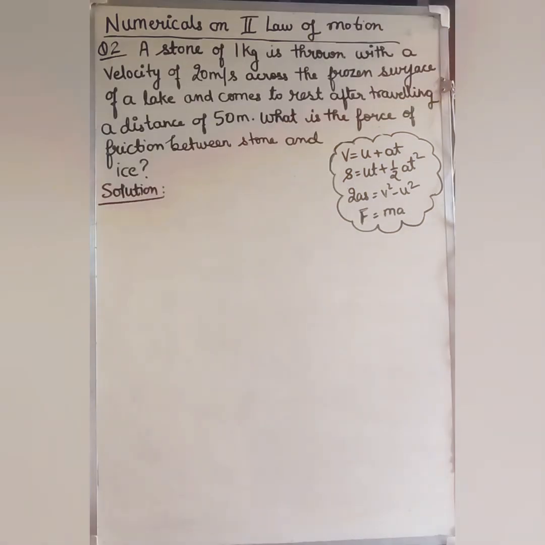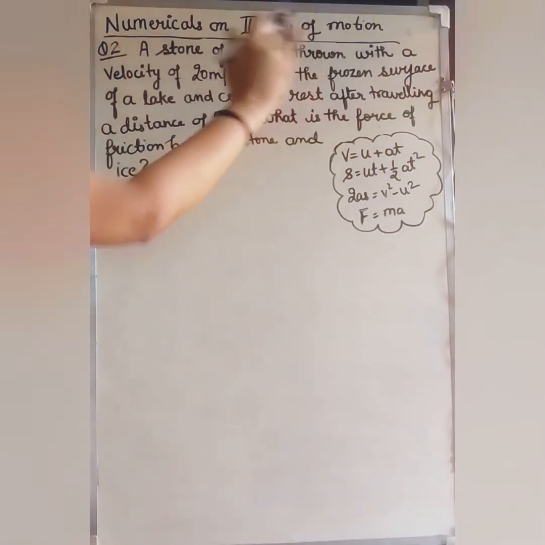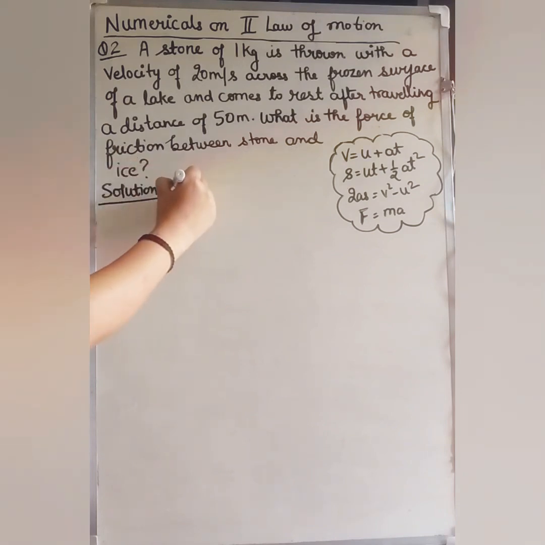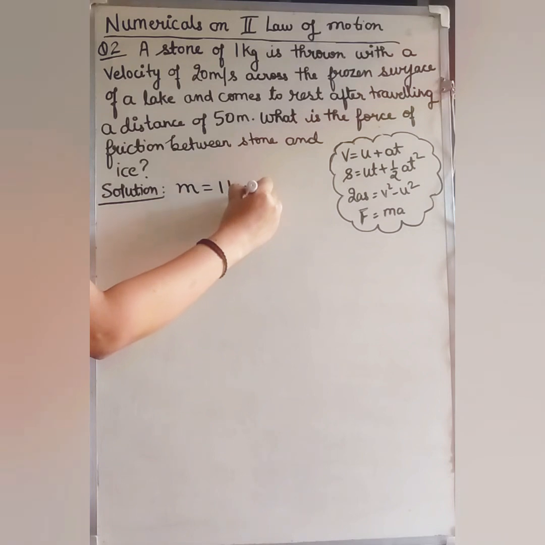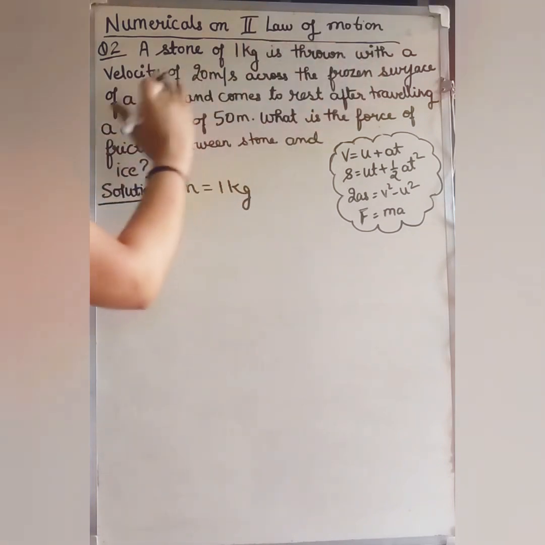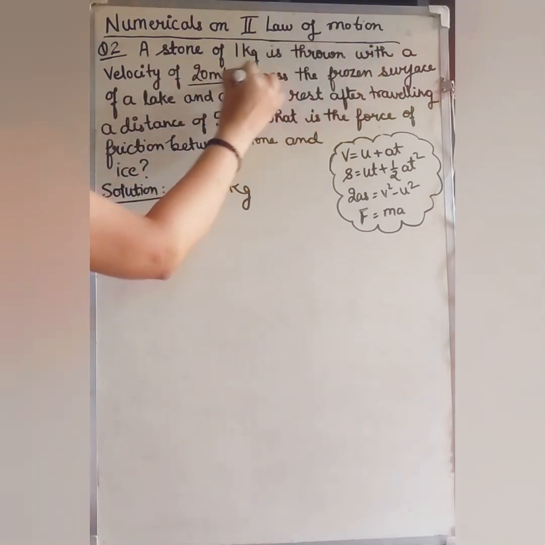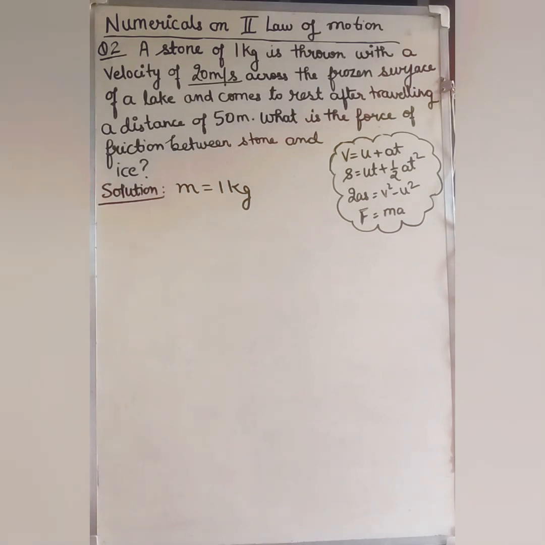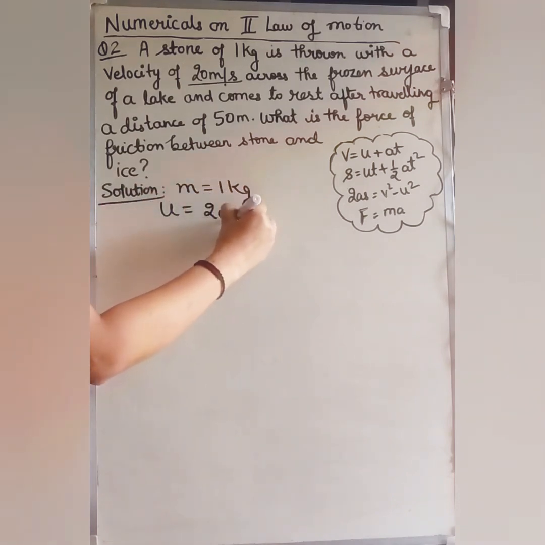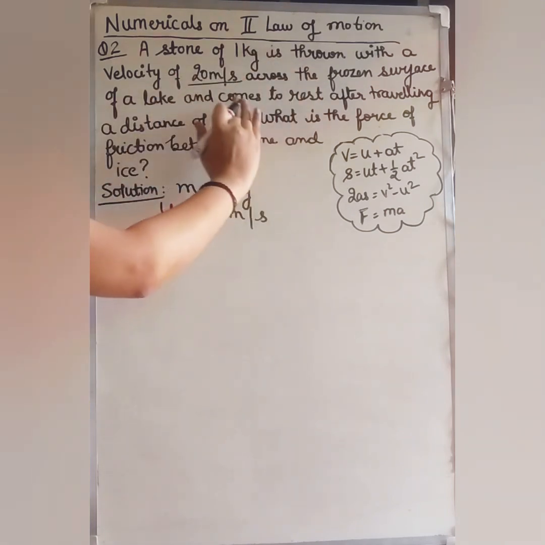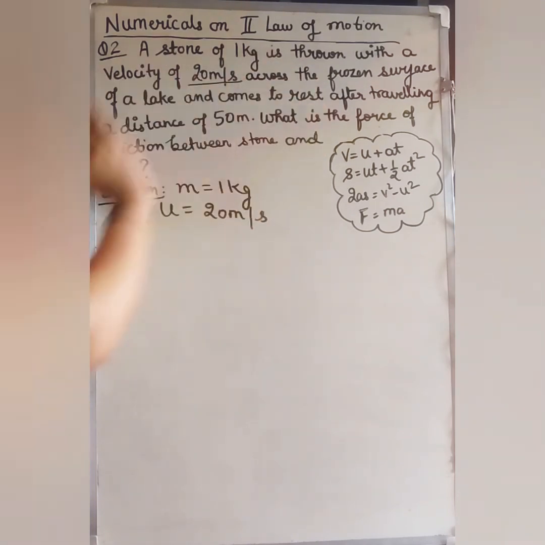In second question, a stone of 1 kg is thrown. So the mass of the stone given is 1 kg. And it is thrown with a velocity of 20 meter per second on this frozen surface. So its initial velocity is 20 meter per second. And after throwing, that stone comes to rest.